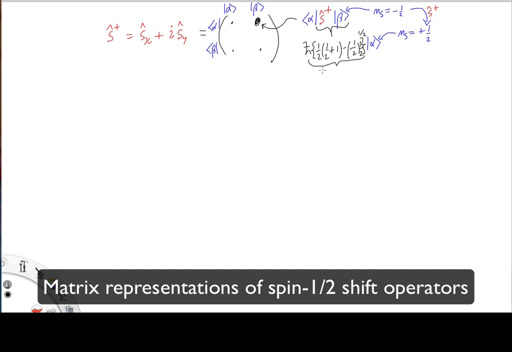You can write that out explicitly. That's h bar, 1/2 times 1/2 plus 1, that's 3/4, minus minus 1/4. And that makes 3/4 plus 1/4, which is 1. So the whole expression evaluates to h bar times the bracket between the bra state alpha and the new ket state, which is also alpha, and therefore the term evaluates to h bar.